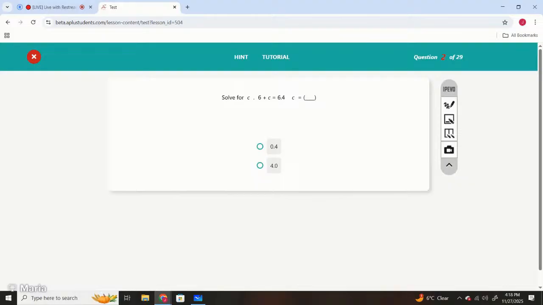So which is the correct option? That is 0.4. Option number 1 is the correct option.